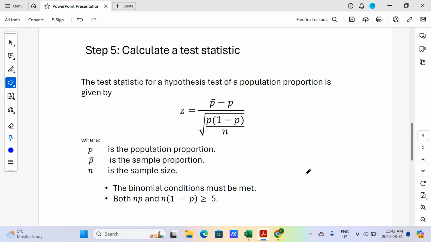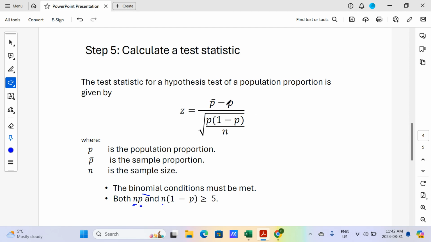In hypothesis testing for a population proportion, if the binomial conditions fit, and n times p, where n is sample size and p is population proportion, is more than or equal to 5, and if n times 1 minus p is also at least 5, then I am allowed to use this formula to find the test statistic of P bar.